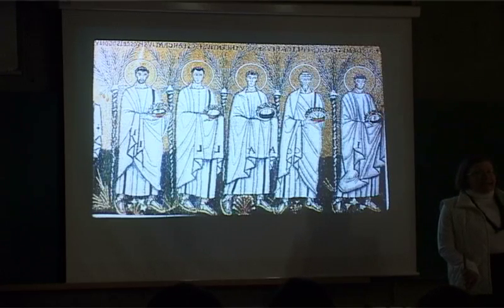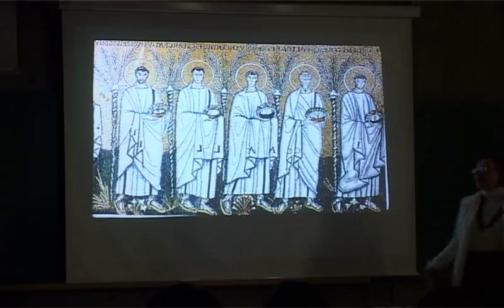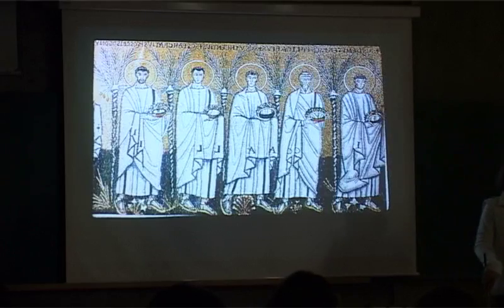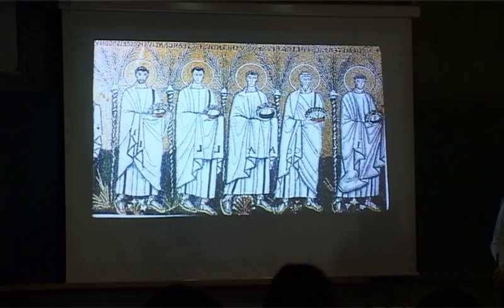So the light reflected on the mosaics creates a source of light which is flickering, which is the unreal in a way, which dissolves the wall and which enhances the spiritual atmosphere within the church.